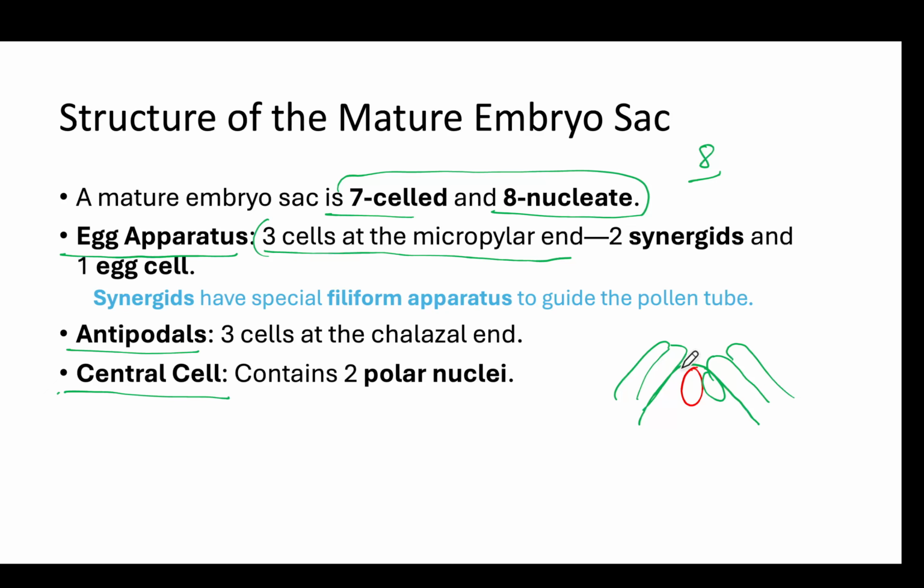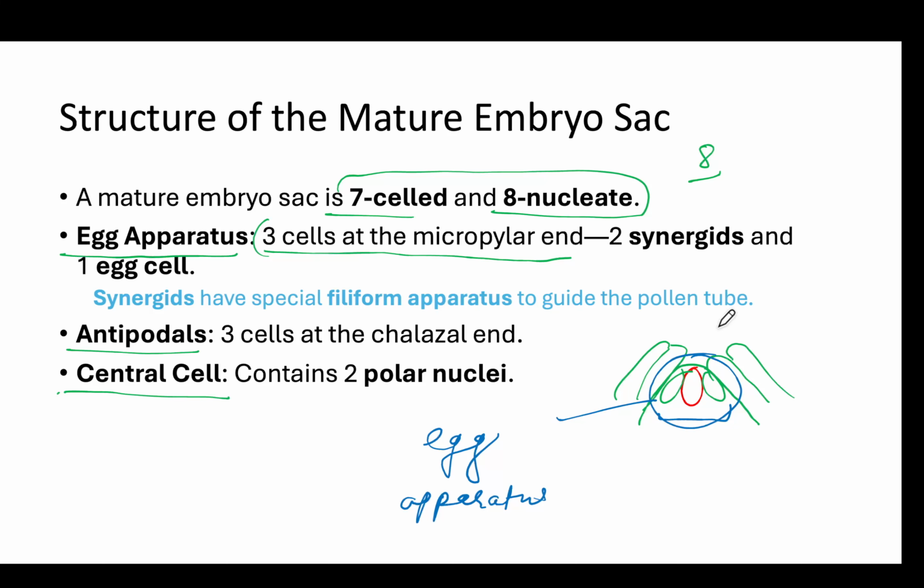Clear? And this arrangement of cells, or collectively all these 3 cells, is known as the egg apparatus. We call it the egg apparatus.